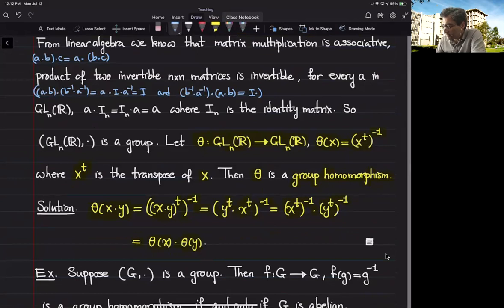Notice that x times x inverse is the identity, and if I look at the transpose of both sides, I get that it is the same as x inverse transpose times x transpose, and similarly x transpose times x inverse transpose, the whole thing being the identity.